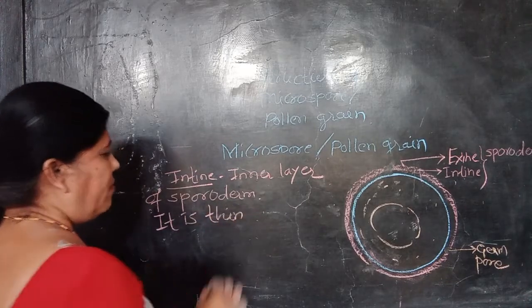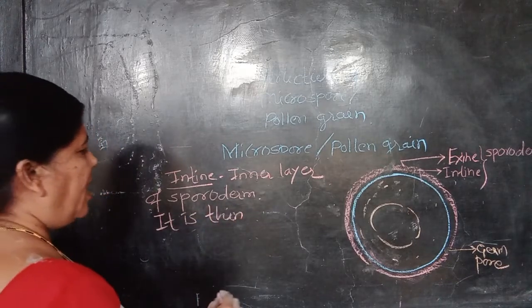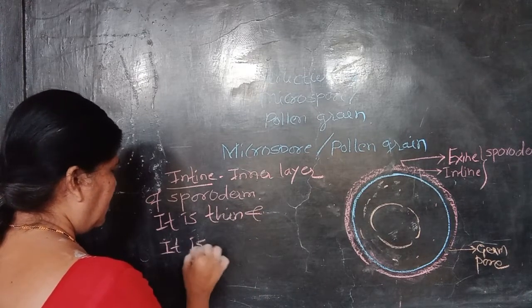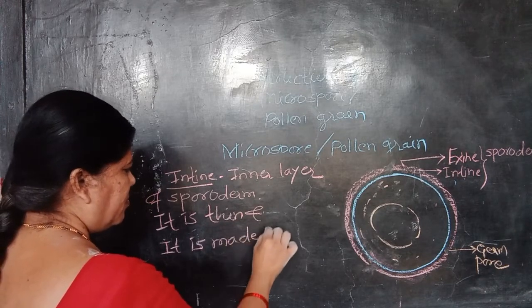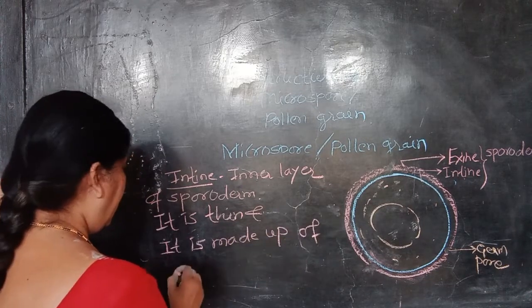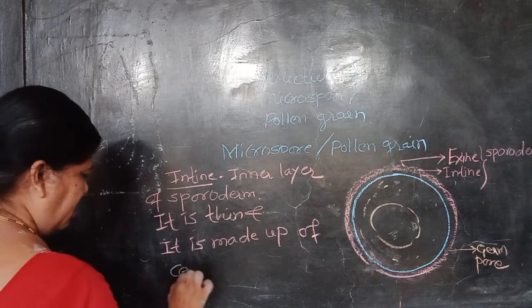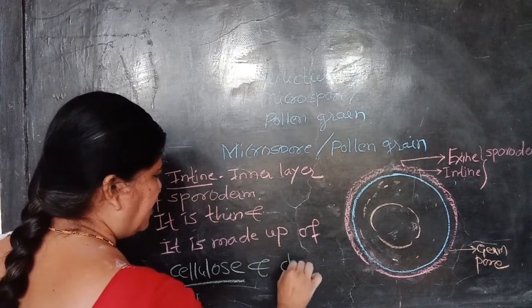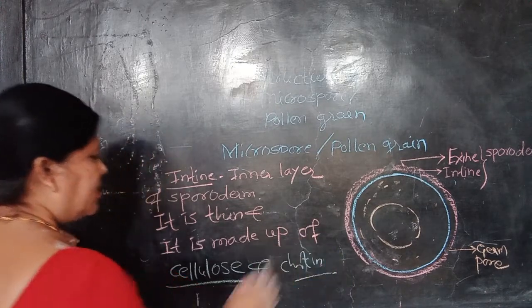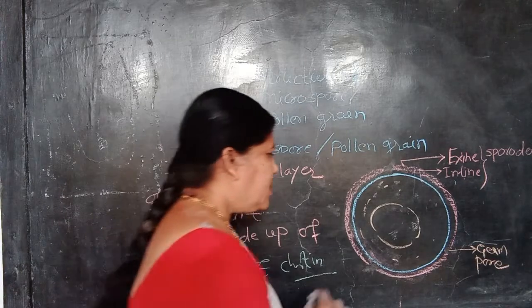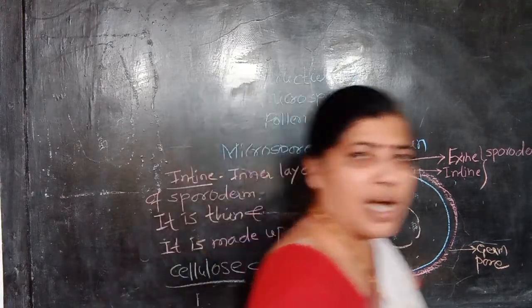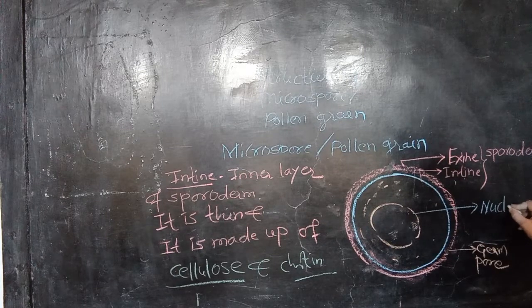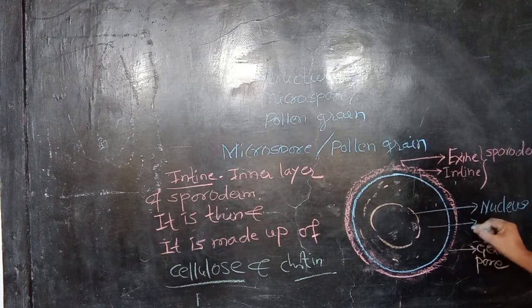Intine is always thin, and it is made up of cellulose and pectin. And this is nucleus, and this is cytoplasm.